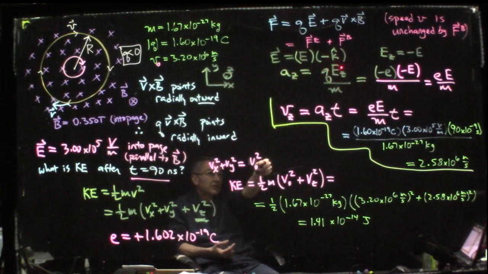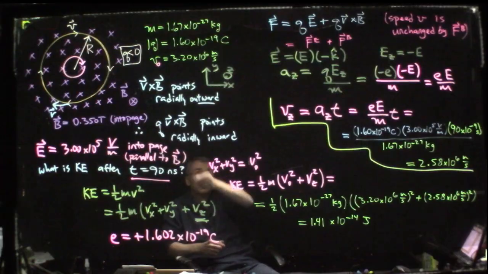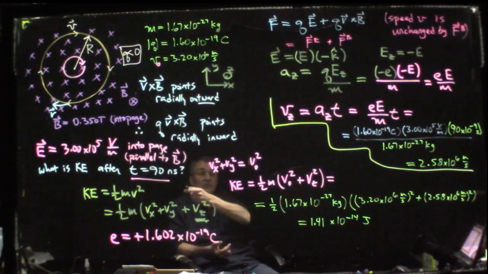You turn the electric field into a force by multiplying by the charge, and then you turn that force into an acceleration by dividing by the mass. Then we remember our physics 150 kinematics, and we multiply this acceleration component by the time to get, starting from rest, the final velocity component in the z direction. Of course, the x and y components are non-zero, and they're unchanged.